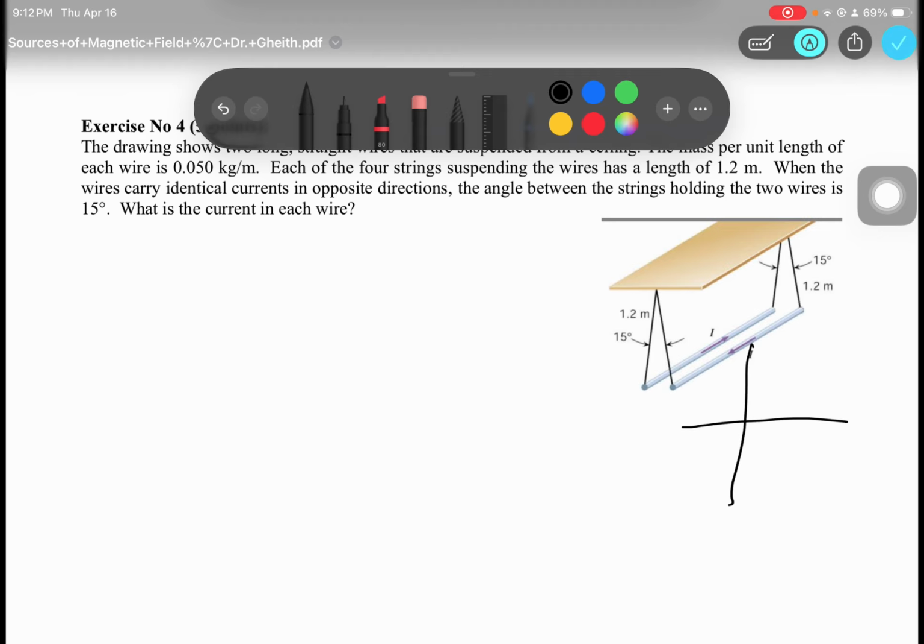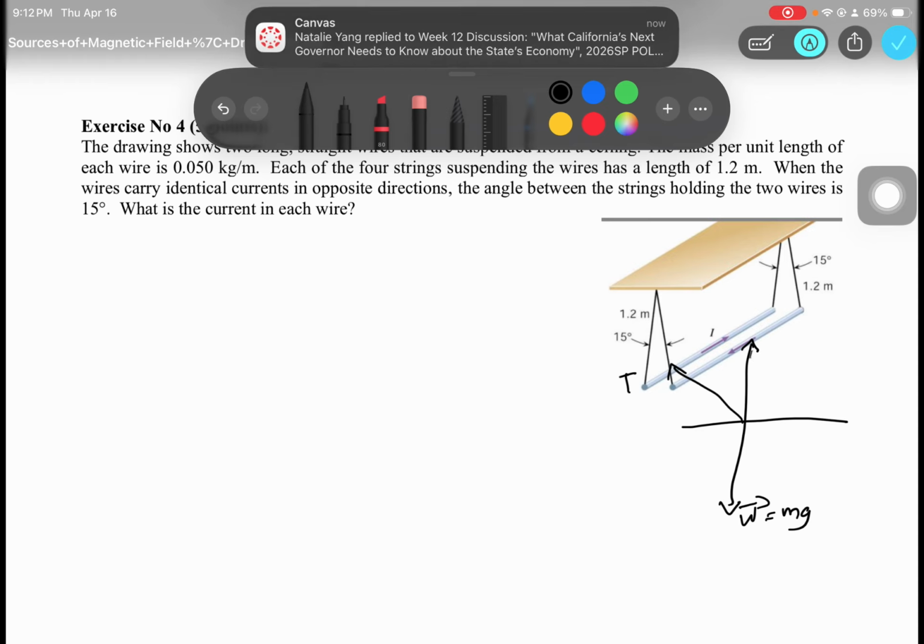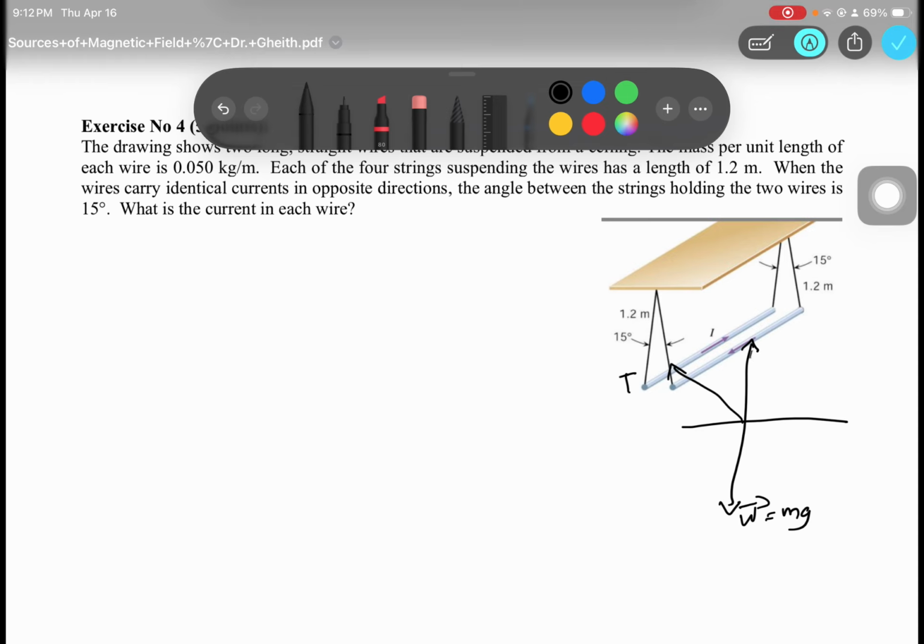This is W equal to mg, and this is T. The angle is 7.5 degrees, because this angle is 15 and the whole angle is 90 minus 15, which is 75 degrees.